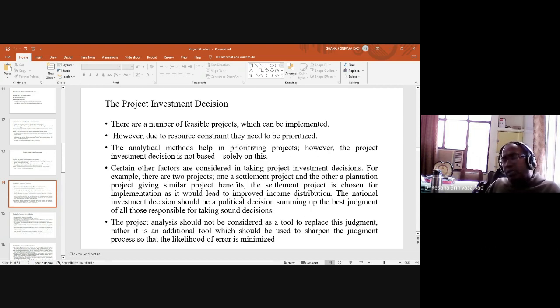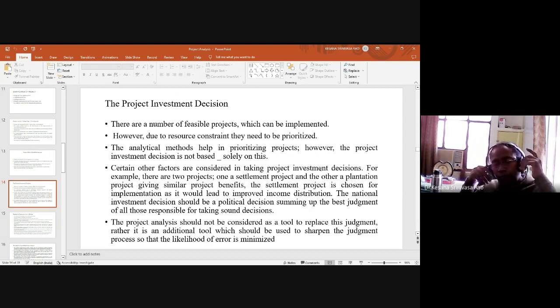Suppose here we are talking about agriculture development. In the agricultural developmental process, there are several types of inputs which we have to successfully implement. There are a number of feasible projects which can be implemented. However, due to resource constraints, they need to be prioritized, because resources are very scarce, and due to that reason the priority has to be given first.